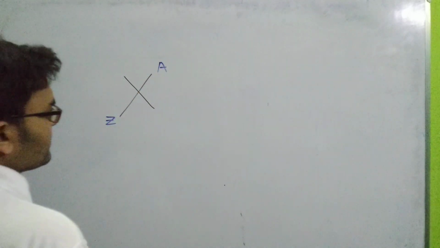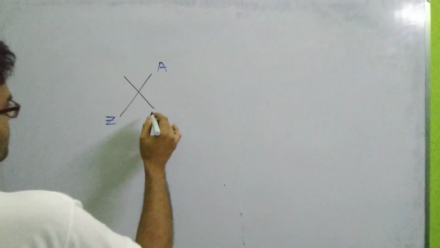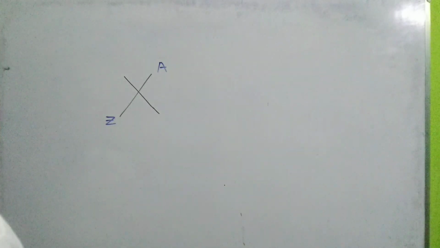It may be on the same side also, but generally atomic number is written at the bottom as subscript and mass number at the top as superscript.